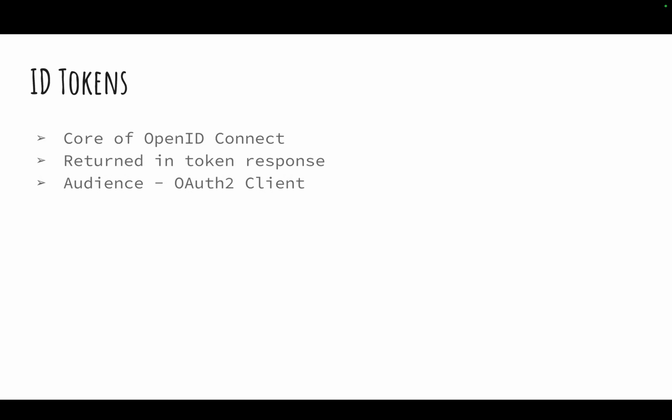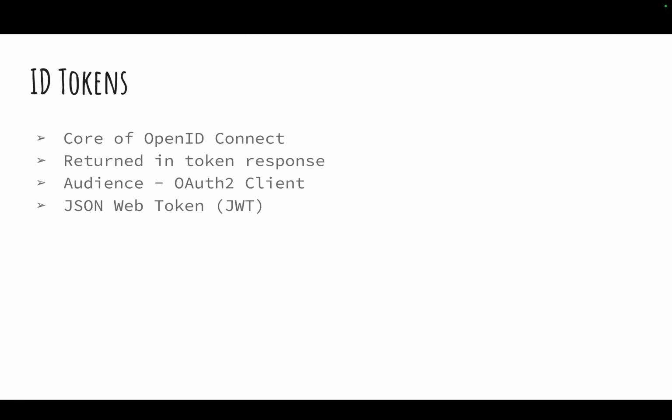The second thing is ID tokens. ID tokens are the core of OpenID Connect, and they are returned in the token response along with access tokens. The audience for ID tokens is the OAuth client, not the OAuth resource server, because it is the client who needs to know what information is in the ID token so that they can display that information to the user.